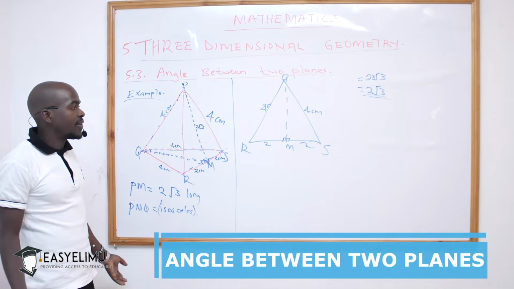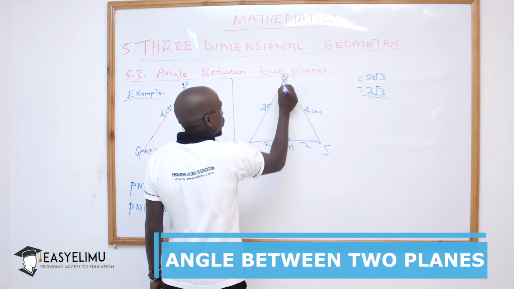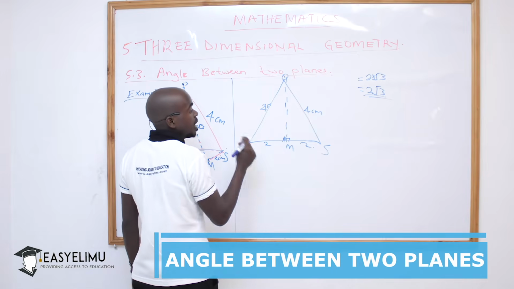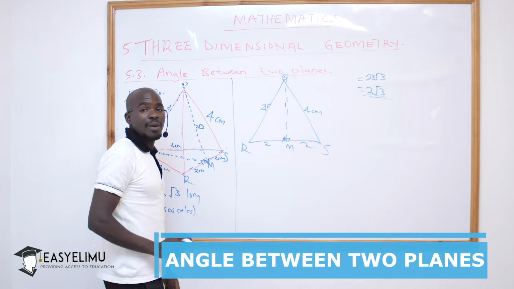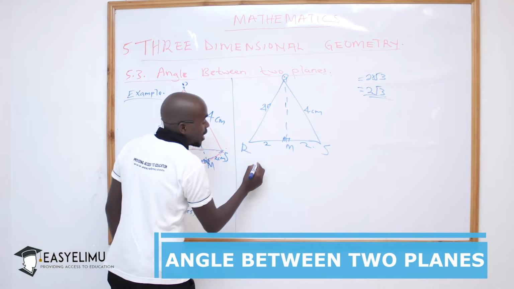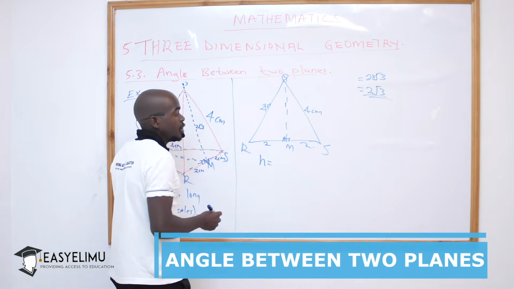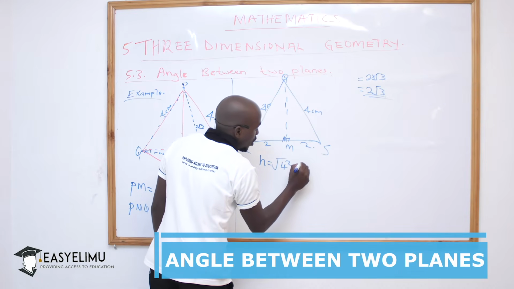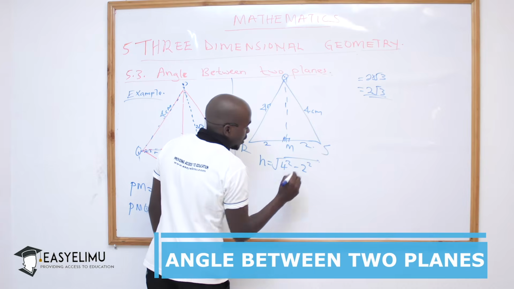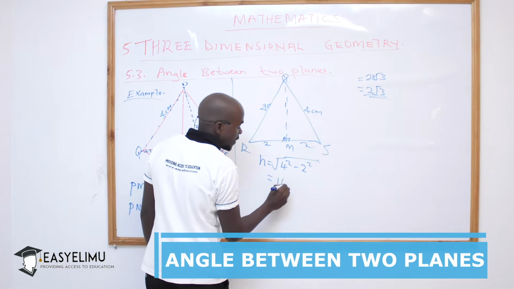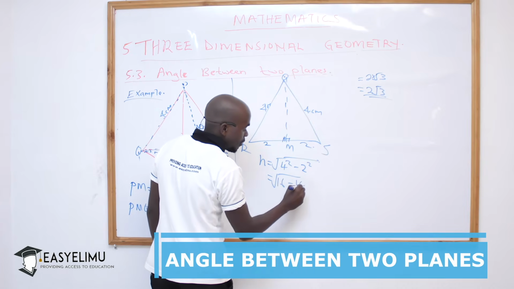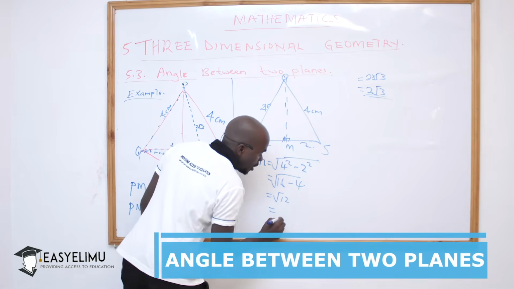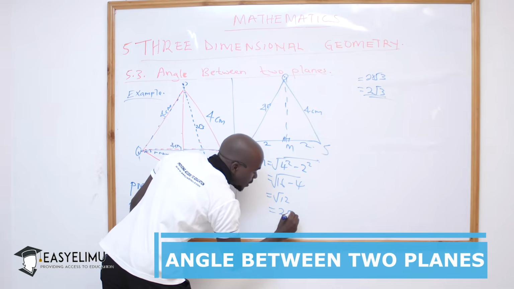The same applies. If we need the height of this triangle, we use the hypotenuse, and we find this triangle is almost the same as the first triangle, where the height is the square root of 4 squared minus 2 squared. That is the square root of 16 minus 4, which gave us the square root of 12, which came to be 2 root 3.